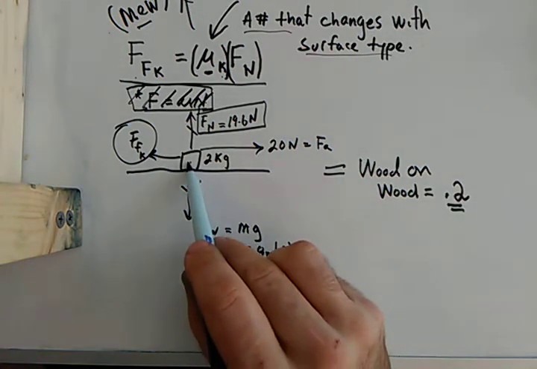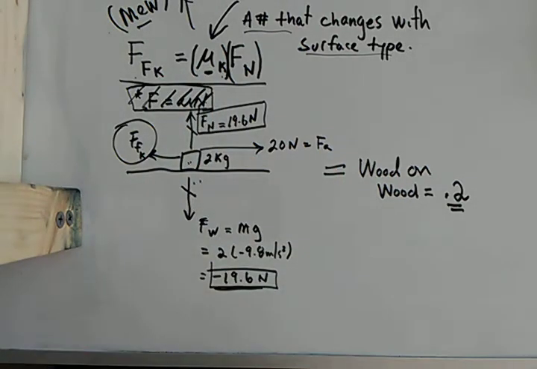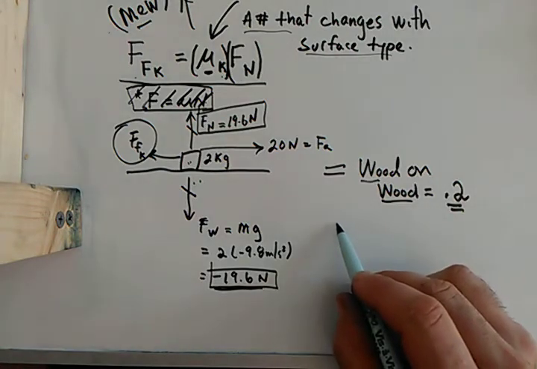So if this is wood and this is wood, then I've got a mu value of 0.2. No units there. So if it were ice on ice, it would be a lot less. If it were lubricated metal on lubricated metal, it'd be a lot less. But we're going to look at wood on wood, and then we're going to look at the formula.